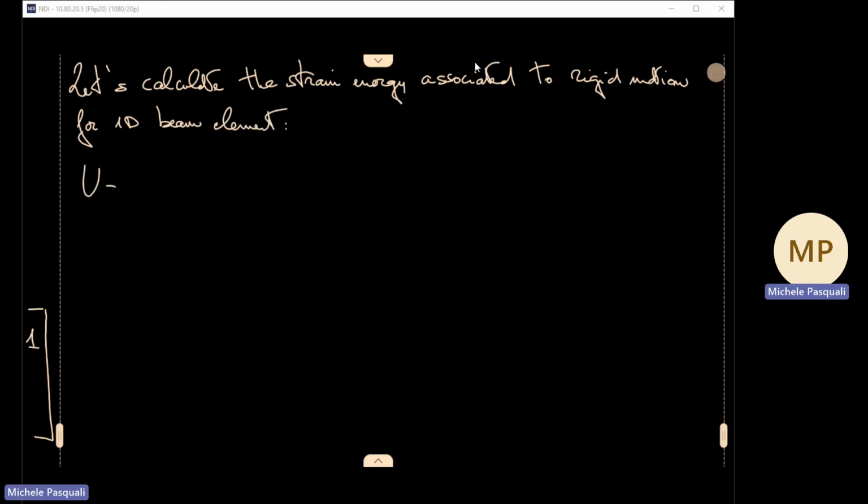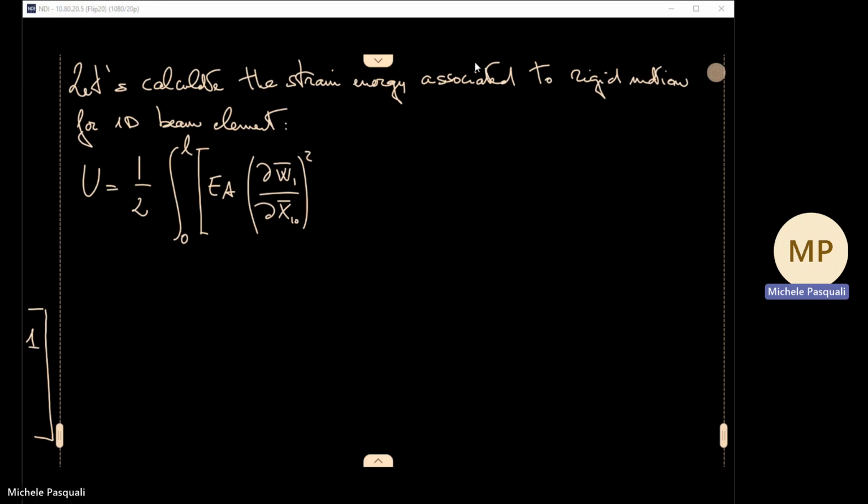So our U is typically what? 1 over 2 the integral, this is actually something we have already encountered, from 0 to L of the axial rigidity, EI, the derivative of W1 over bar with respect to X10 over bar squared. This is basically the axial deformation.